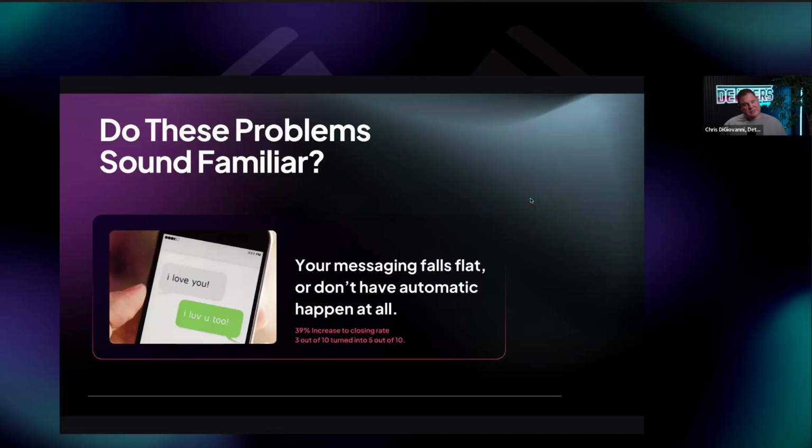We involved sales psychologists and looked at multiple things when we built the messaging, and we got almost a 40% increase to closing rates. If you were closing 3 out of 10, we could probably step you closer to 5 out of 10. I'm not here to tell you you're going to close 10 out of 10. If I could get you to close 10 out of 10, I probably wouldn't be doing this today.